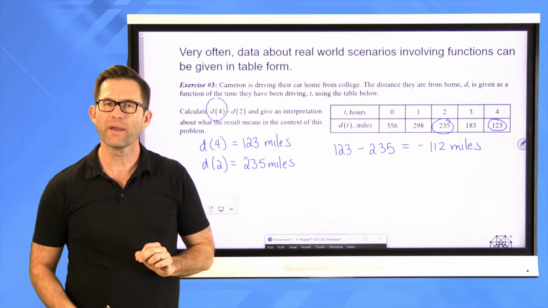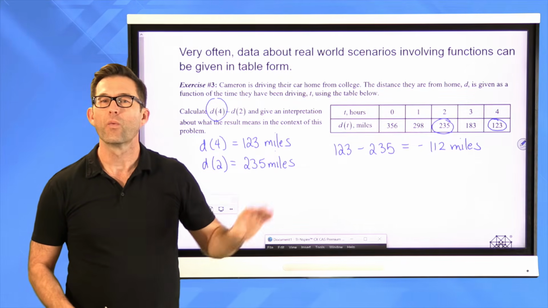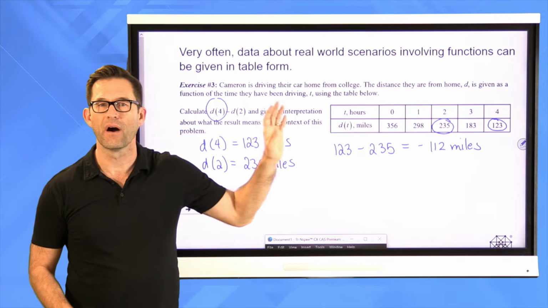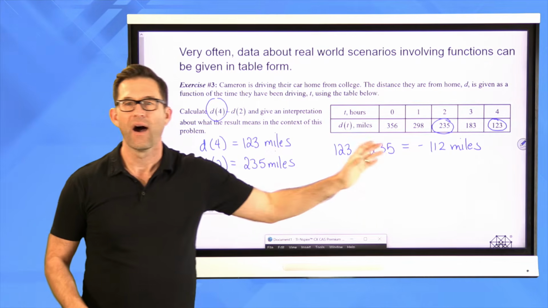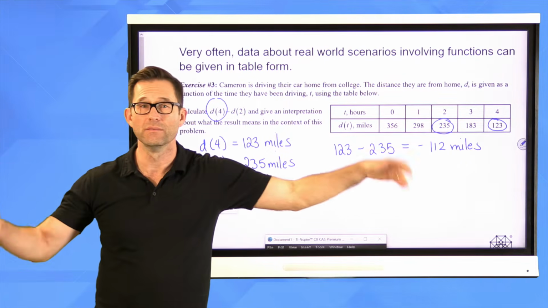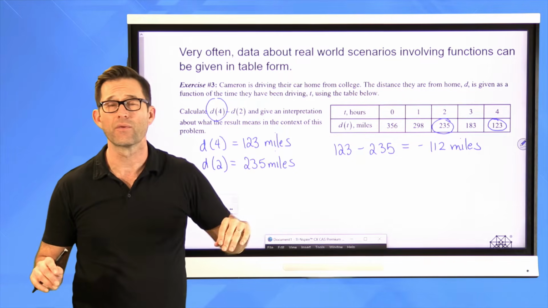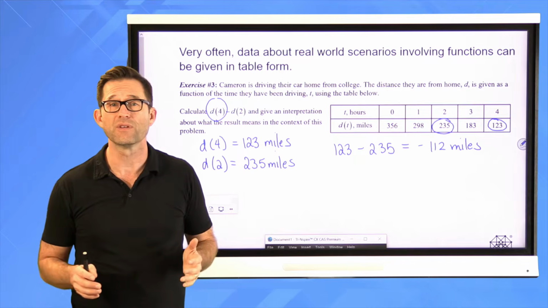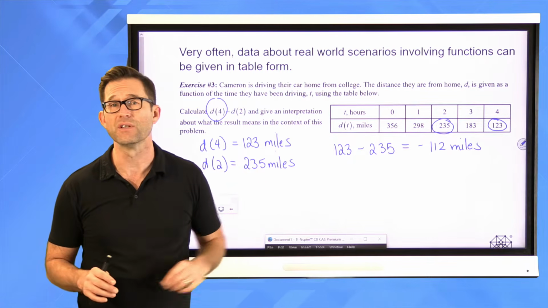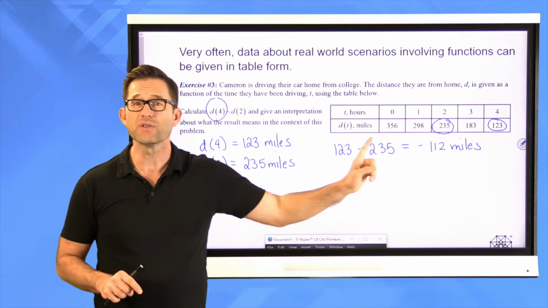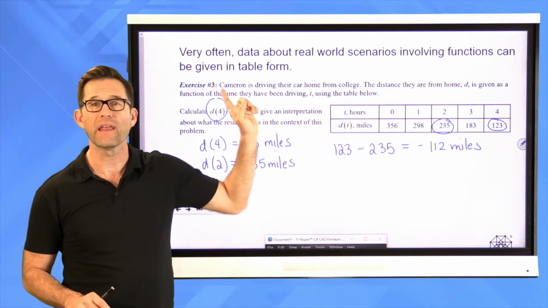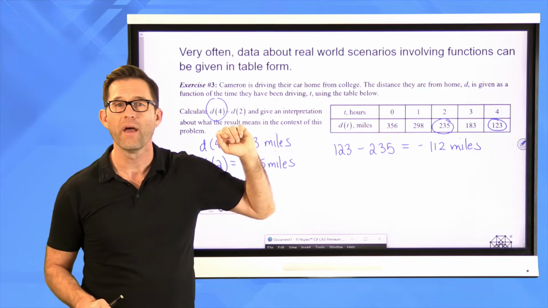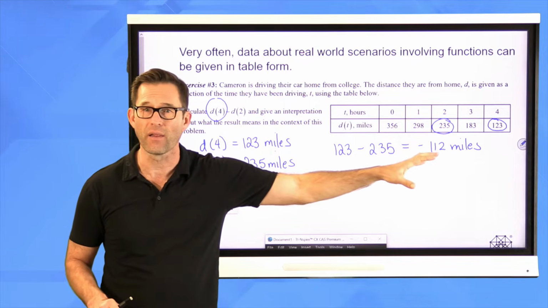Now, how do I interpret that? Well, we have to understand the context of the problem, right? I can't just look at that and go, negative 112, right? Without knowing the context of the problem, or what the function is telling me, this calculation is meaningless. So what this function is telling me is how far Cameron is from home as they drive home from college, right?